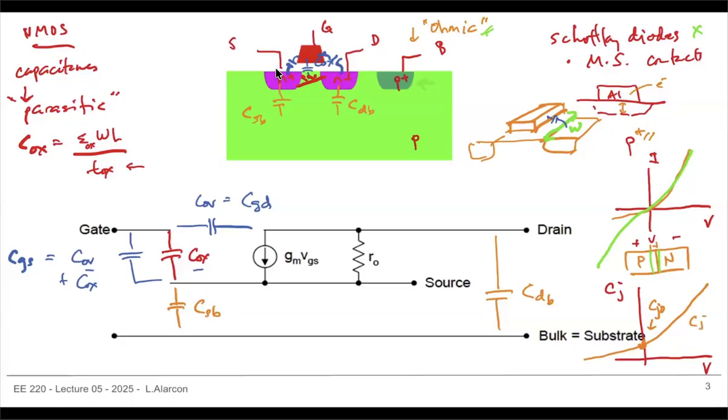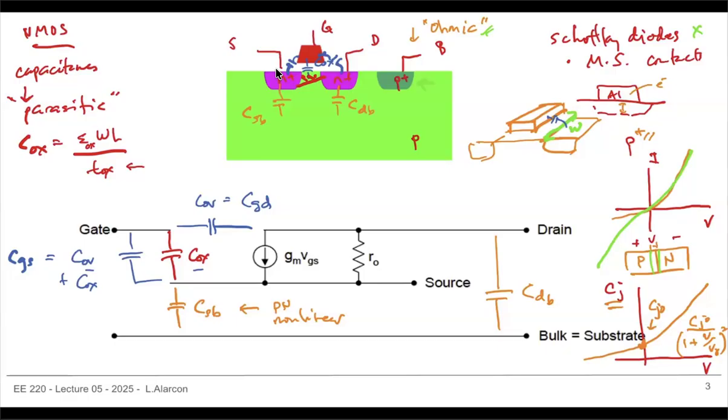You get something like CJ0 over 1 plus V over the built-in voltage, squared or to some power close to 2, and that is equal to your junction cap. So basically you do get this characteristic. These are PN junctions, and they're nonlinear. All PN junction capacitances are nonlinear just because they're voltage dependent.